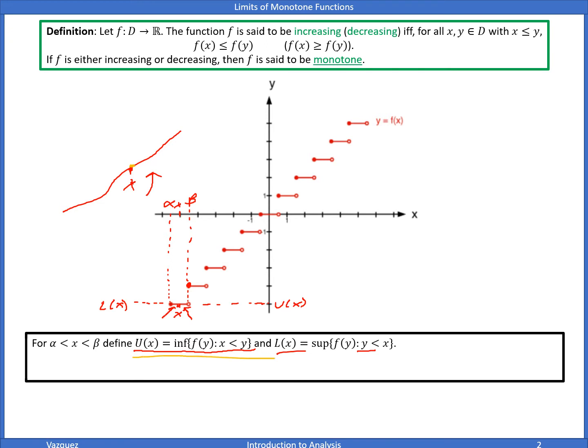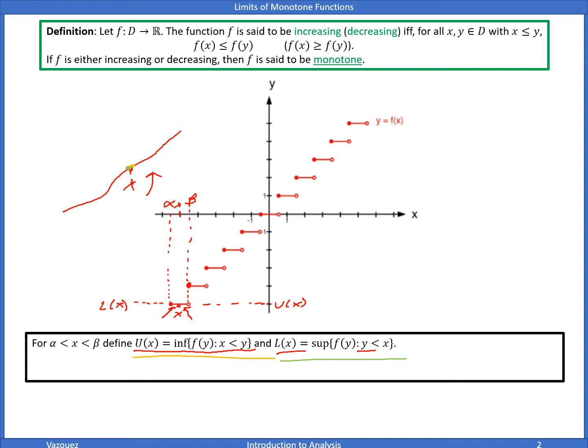So this is for U. Same thing for L. The supremum of all those values would be somewhere there because the values are less than x. So they're pretty much together.